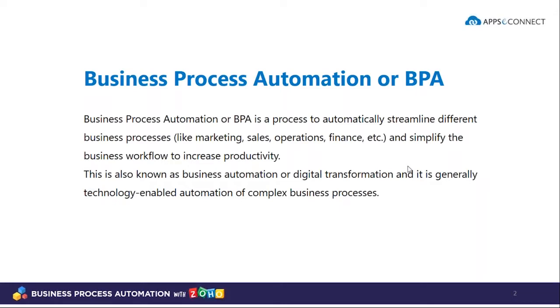This business process automation is also known as digital transformation, and it is generally technology enabled, and as I said, for complex business processes. So today we will look into a few kinds of automation around business processes which can be done with Zoho.